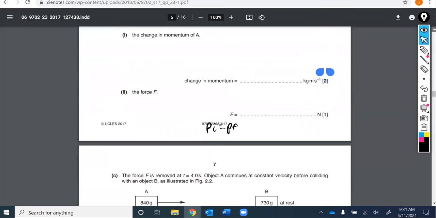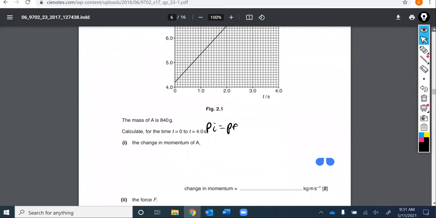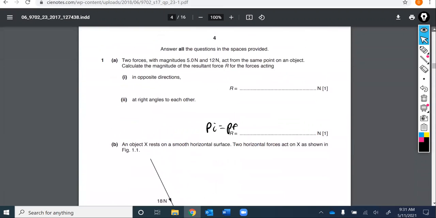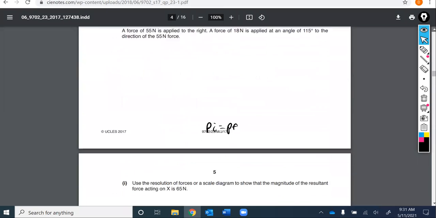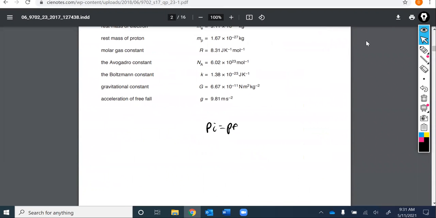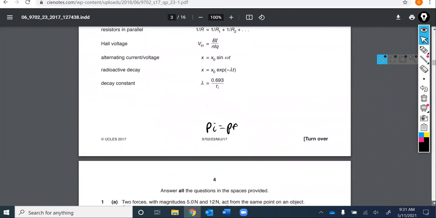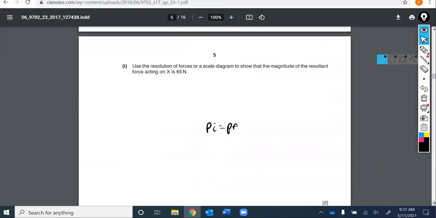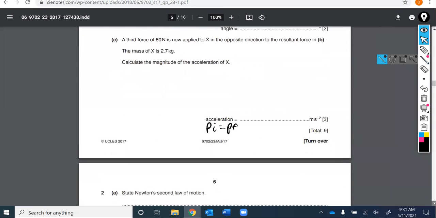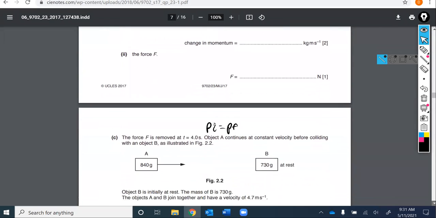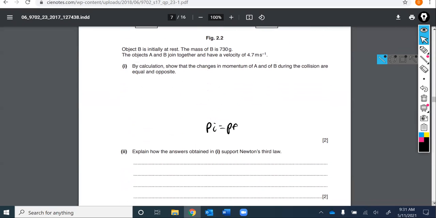Well, the force is the same force that's acting on both of them. A little bit frustrating. It's the same force that's acting on both of them for the same amount of time, and so the change in momentum should be the same. That's just restating Newton's third law. All right, where are we at? There we go.